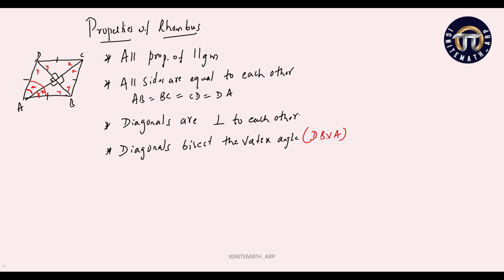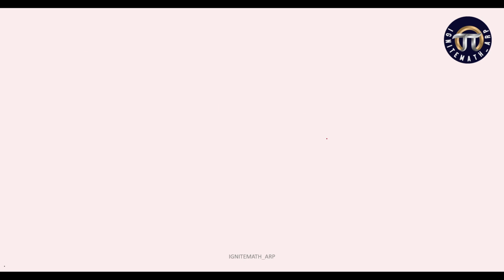Is that clear? Right. So whenever you are asked to prove that a given quadrilateral is a square, rectangle or rhombus, first you need to prove it's a parallelogram. Clear?